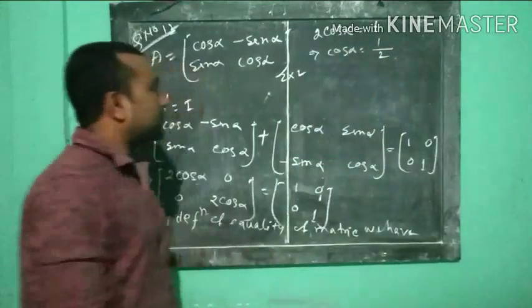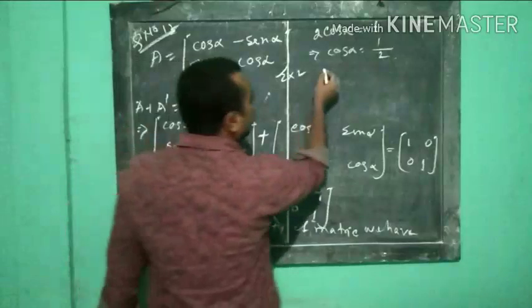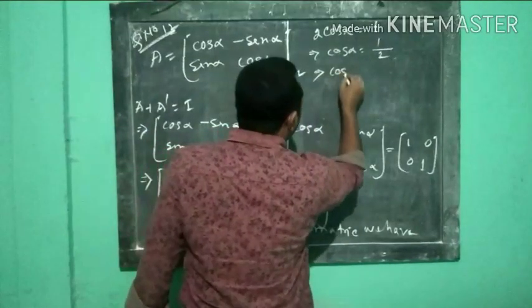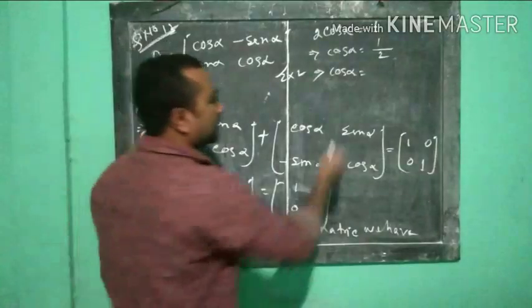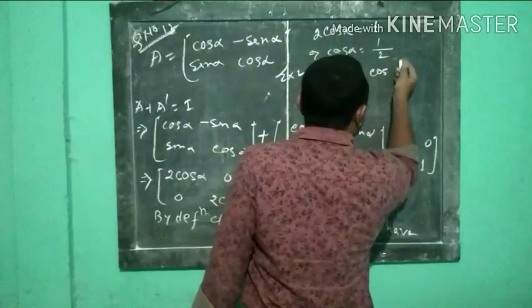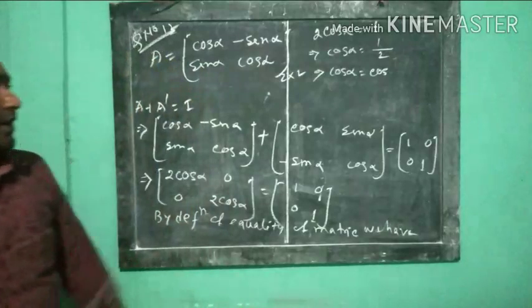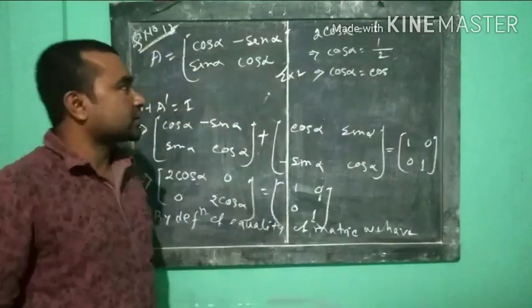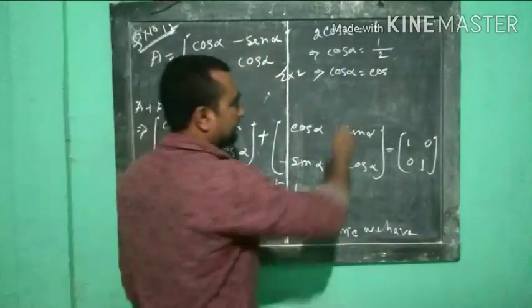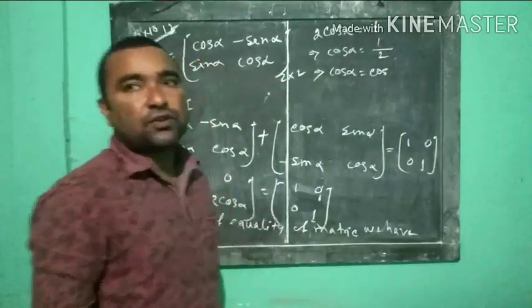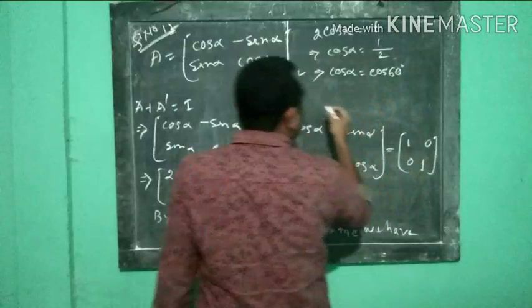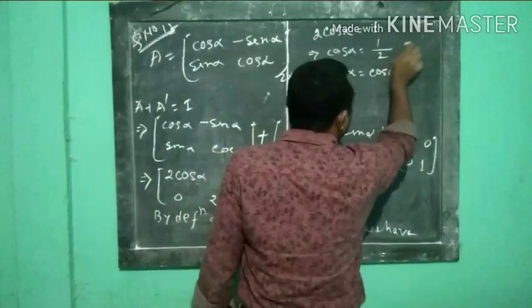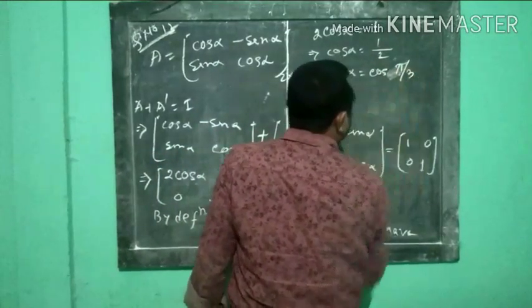If cos alpha equals 1 by 2, then in which degree is cos half? Cos half is 60 degrees, that is pi by 3.